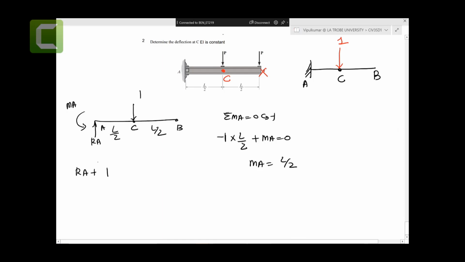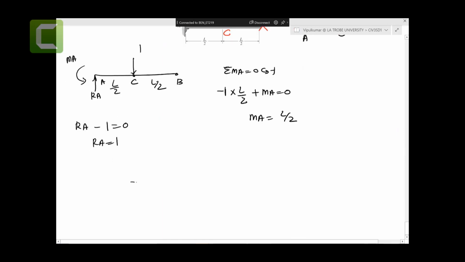RA going up, 1 coming down, so RA equals 1. If I redraw this again: this is 1, this is point C, this is point A, point B, L by 2, 1 here, moment L by 2.